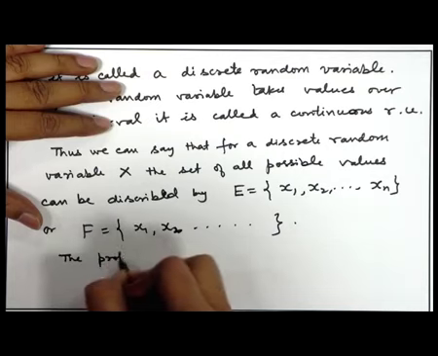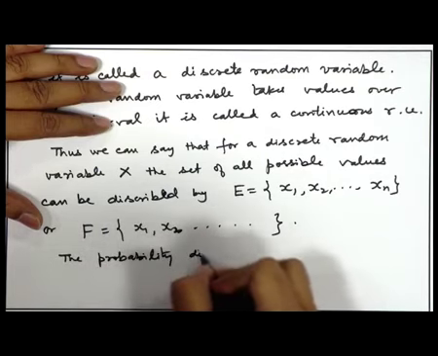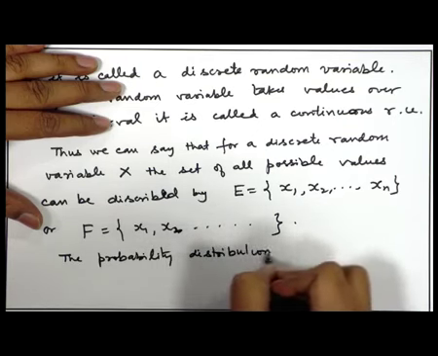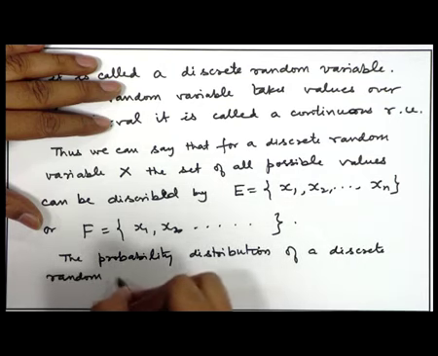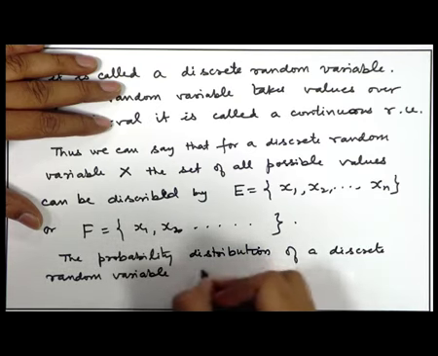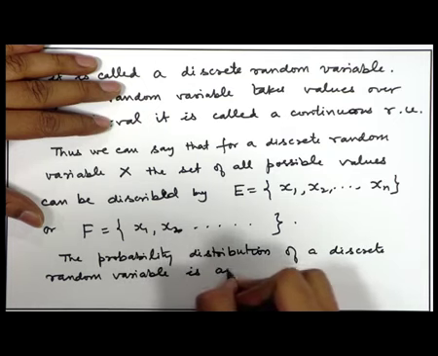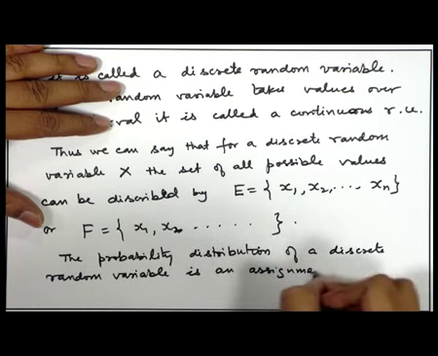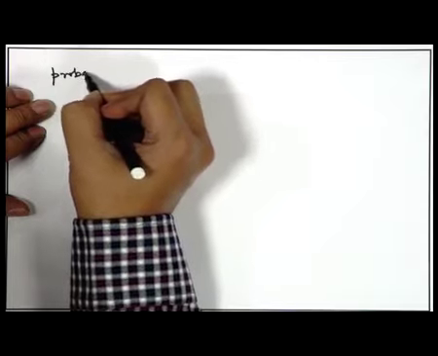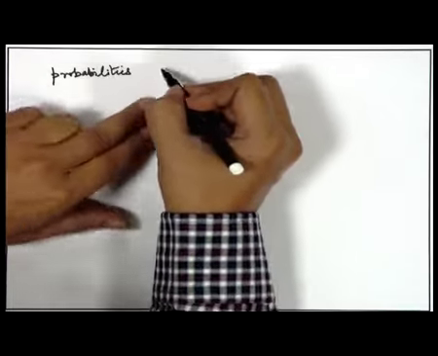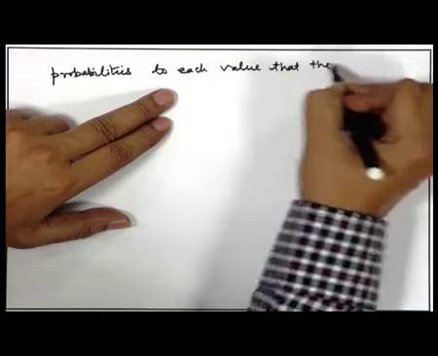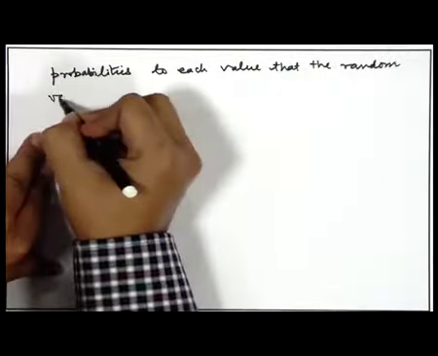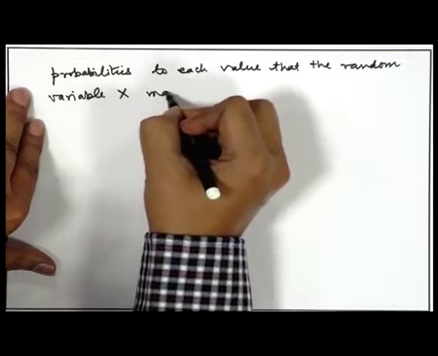The probability distribution of a discrete random variable is an assignment of probabilities to each value that the random variable X may take.